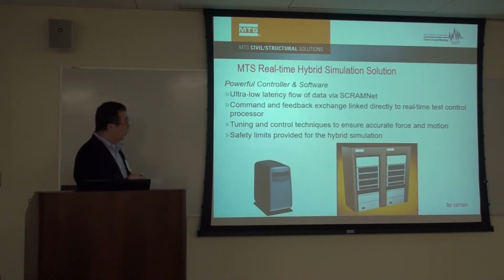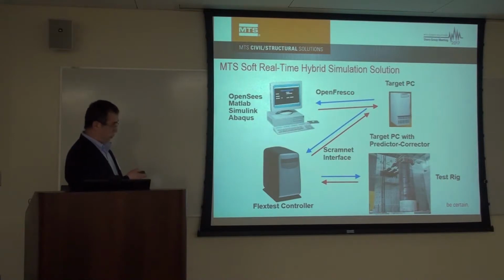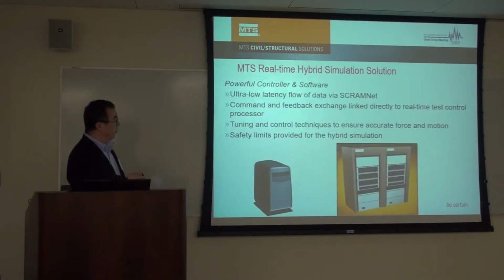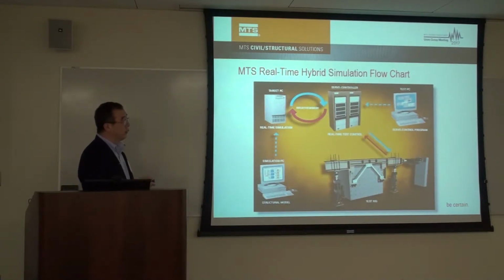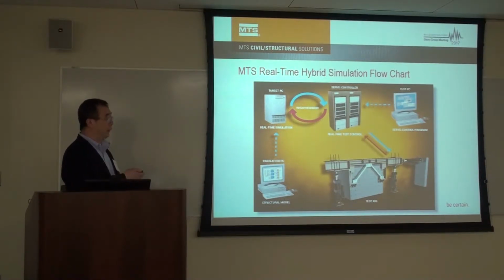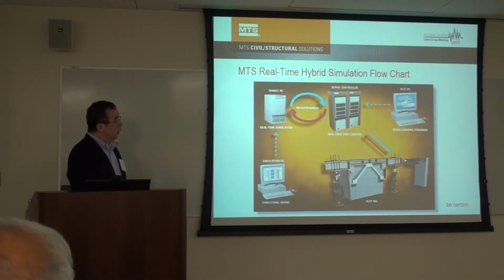And also, the actuators have to be fast, and that means you have to have a very finely tuned actuator, with a very large servo valve, high accumulation, a big pump, and stuff like that. So the hardware investment is more than for the slow hybrid test. So this is real-time hybrid simulation.